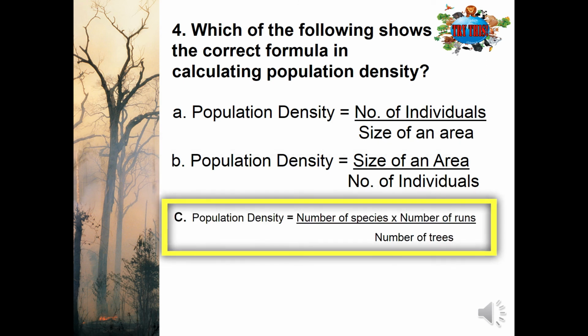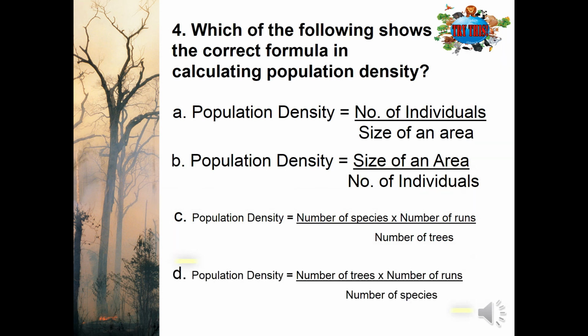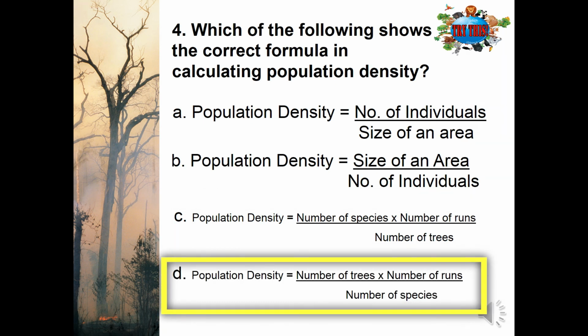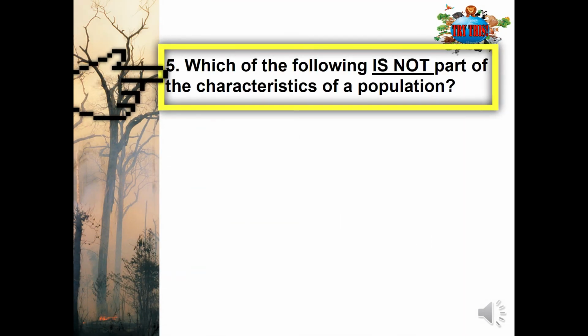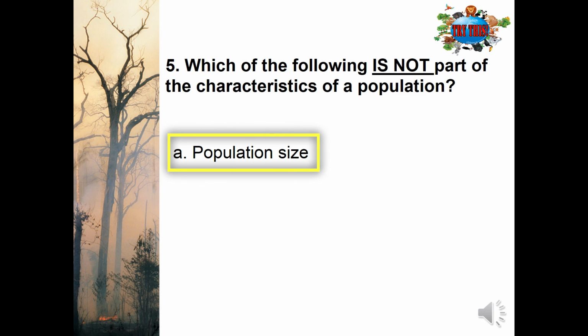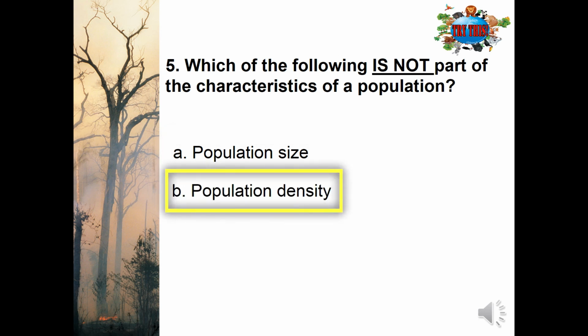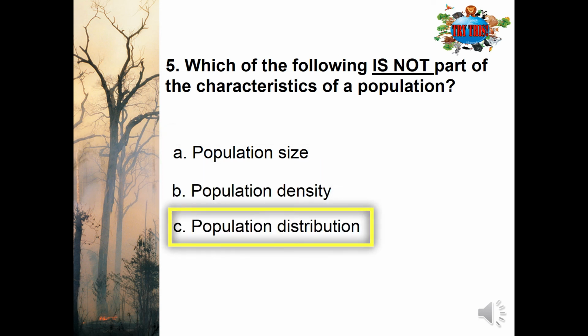C. Population density equals number of species times number of runs divided by number of trees. 5. Which of the following is not part of the characteristics of a population? A. Population size. B. Population density. C. Population distribution.